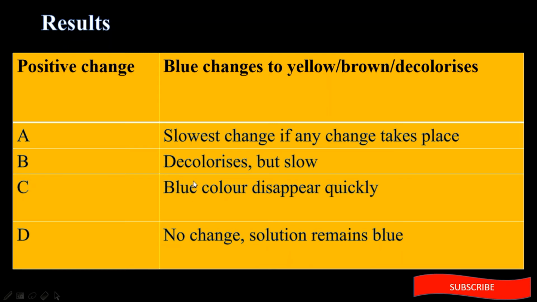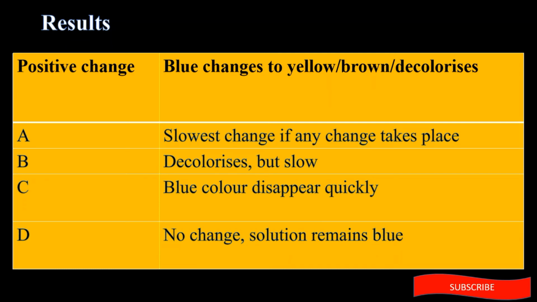Because this blue color is changing quickly, we can conclude that test tube C is subjected to an optimum temperature. Because of that, your enzymes are working best, such that amylase is breaking down starch very quickly. And then in test tube D, there is no change at all. Because there is no change, our solution will remain blue.